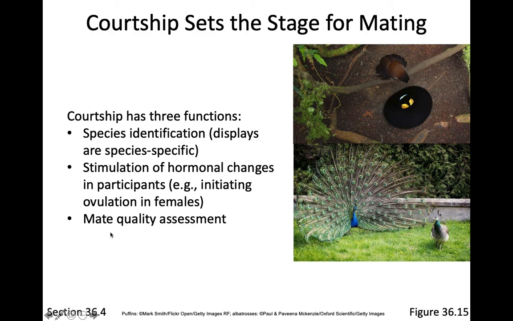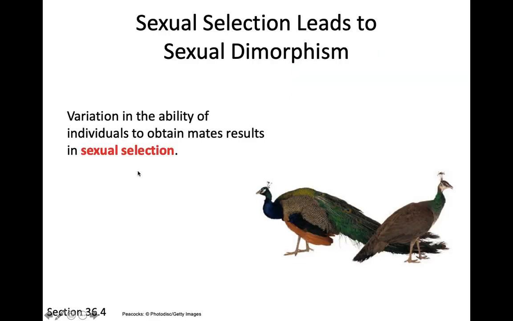If you have babies with him, the chances of your babies dancing those same lame dances are going to be pretty high, which means your genes won't get passed on because your babies are also going to be lame. So you don't want to mate with that. So watching courtship displays allows you to show off how strong you are, make sure that you're the right species, and to stimulate that concept in some species for being receptive to fertilization.